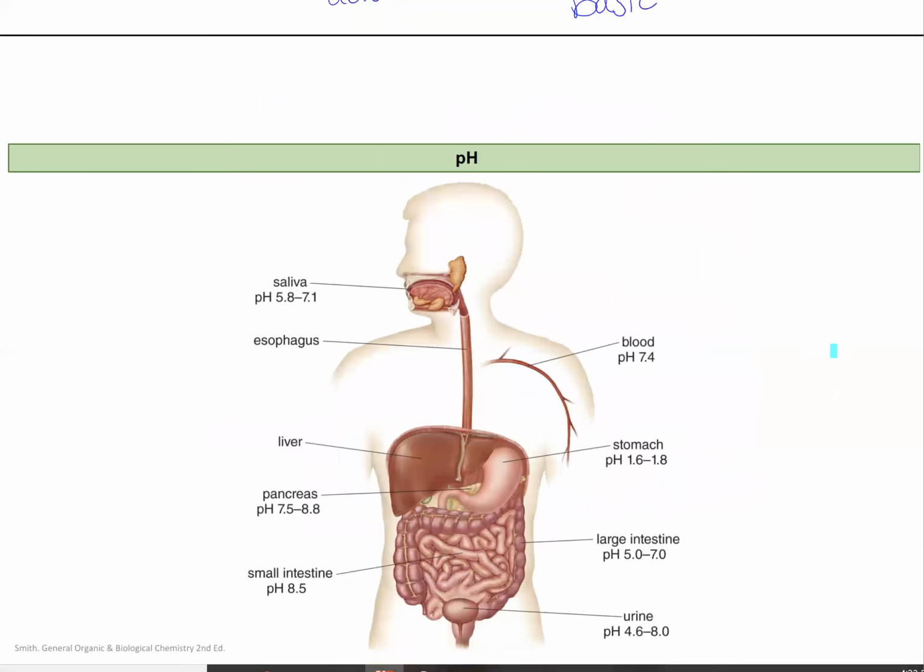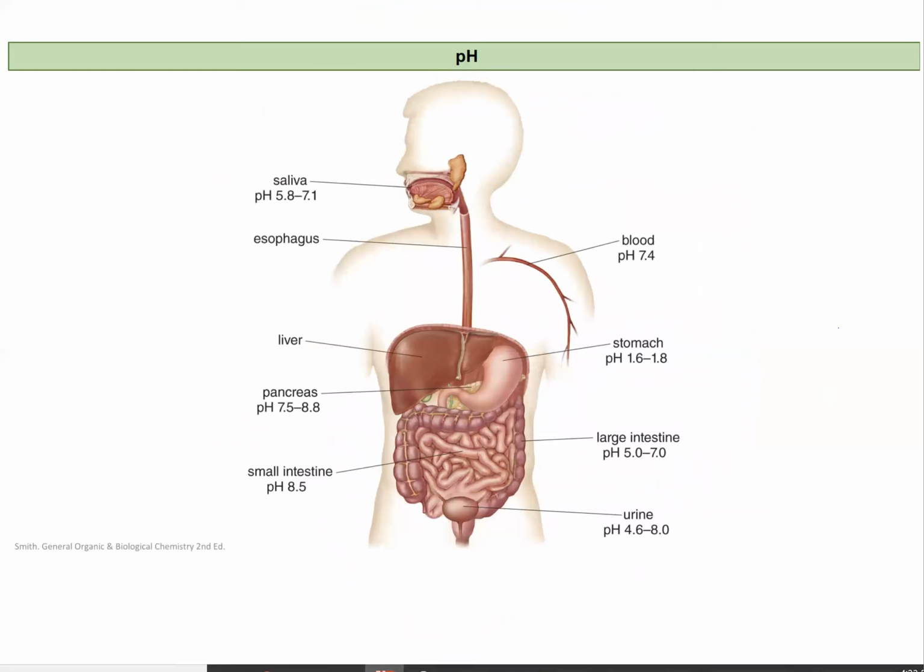So let's think about the pH of our body. We aren't neutral. In fact, our blood is slightly basic. It's slightly larger than 7, so it's a little bit basic. Our stomach, though, that digests our food and breaks it down using acid, has a very, very, very low pH.